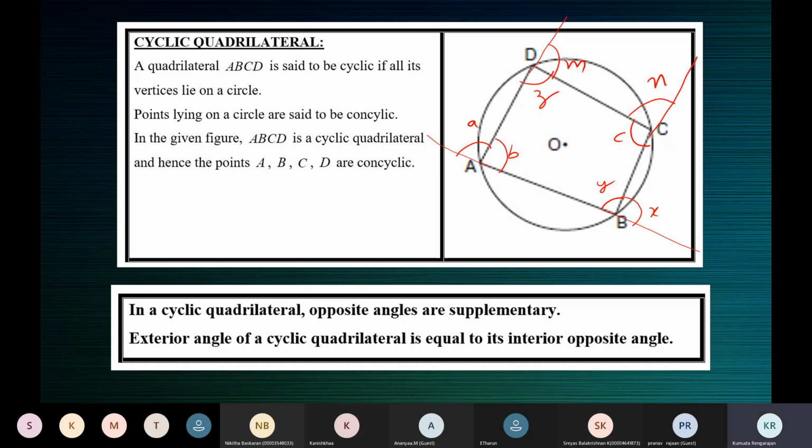A, M, N and X are the 4 exterior angles. Now, for the exterior angle A, which is the interior angle?